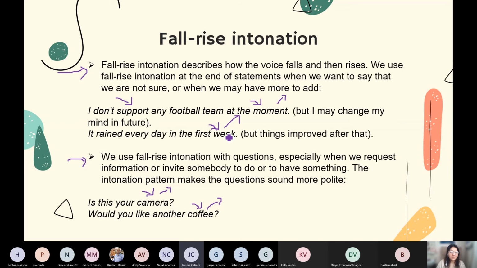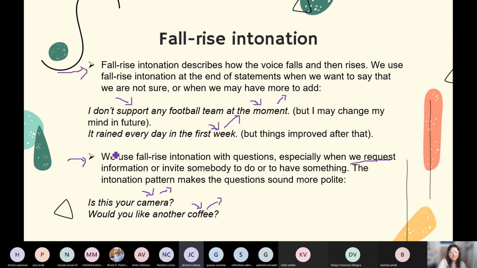These are questions just like the previous ones, but in this case we are requesting information. We are not asking only for yes or no questions, because these are also yes or no questions. Is that your camera? Yes or no?